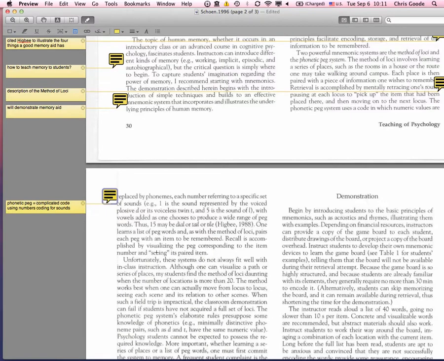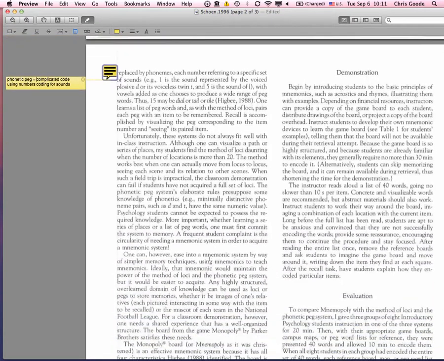Recall is accomplished by visualizing the peg corresponding to the item number and seeing its paired item. I don't know what that means. So when you recall it, I'm starting to think that if you learn a list of peg words, then you pair each peg with an item to be remembered.